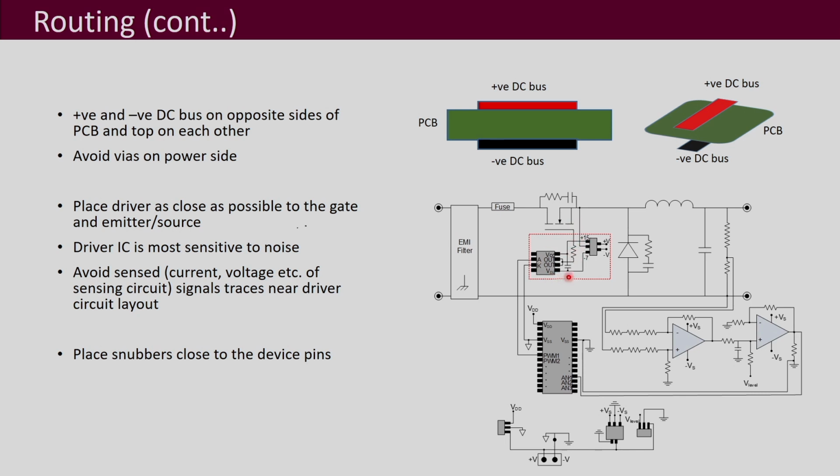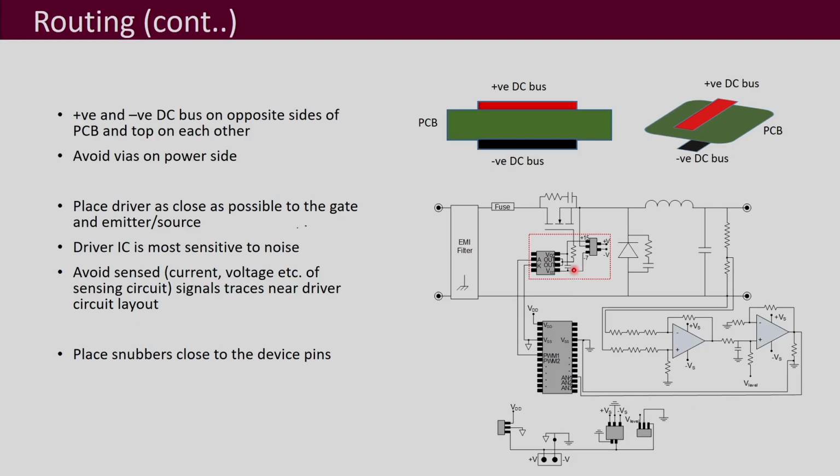So, the driver circuit is not exactly the way you see in the schematic, and the driver's performance, your turn on, turn off, all the performance will get affected by the way you have laid out. So, we have to place it very close to the transistor, and the routing has to be done very carefully.